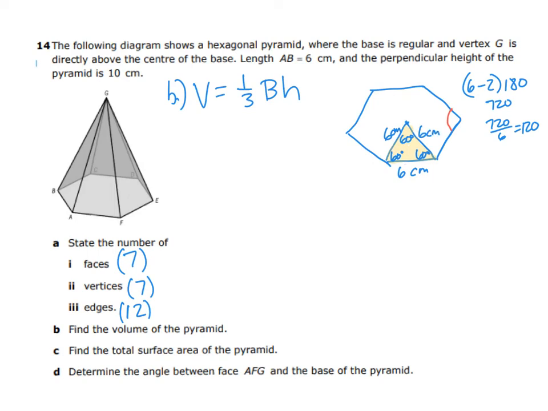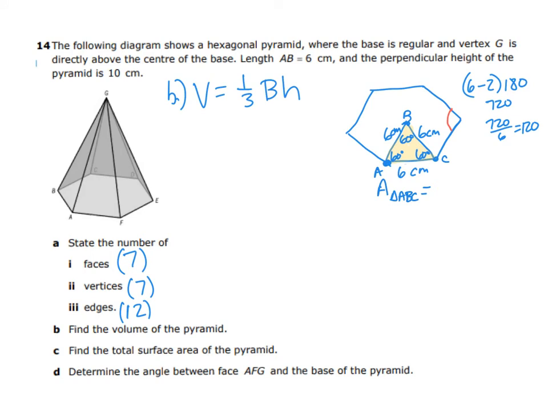So now that I know 2 sides of the yellow triangle and an included angle, I can find the area of that one triangle. Let's call it triangle ABC. So the area of triangle ABC is going to be 6, oh no, not 6, I need the 1/2.